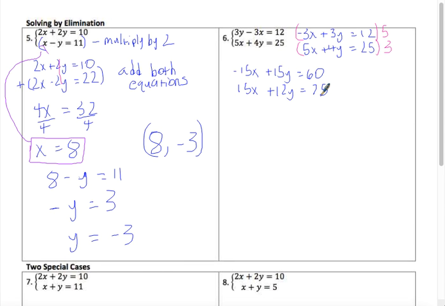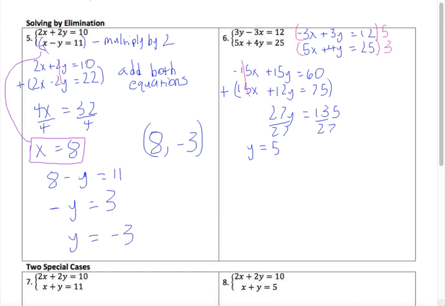And now, when I add the two equations together, my x terms go to 0, and my y terms add to 27y equals 135, and dividing both sides by 27 gives us y equals 5.